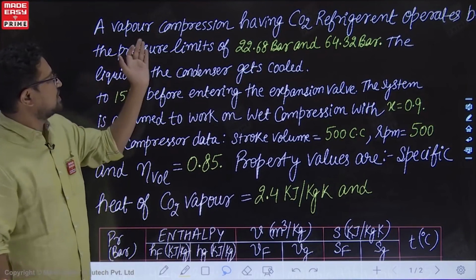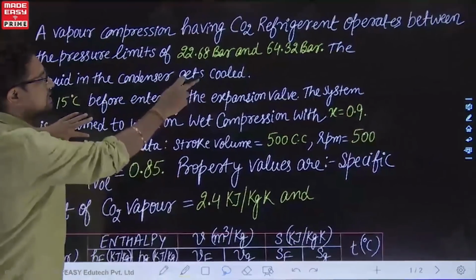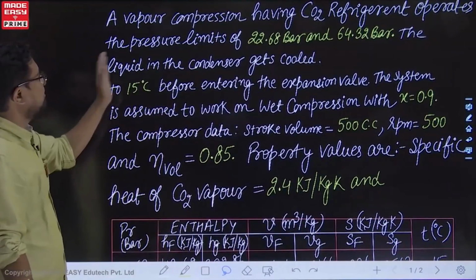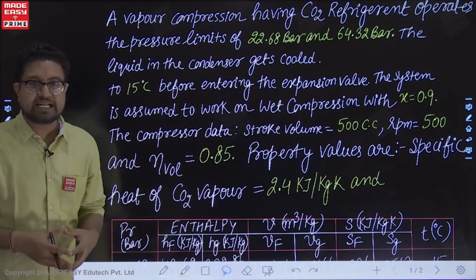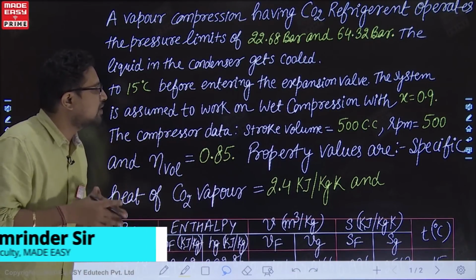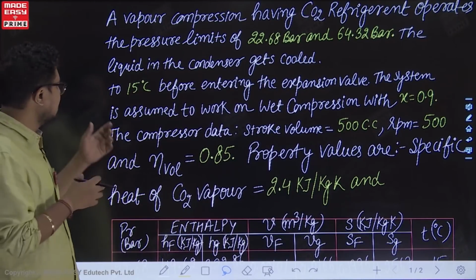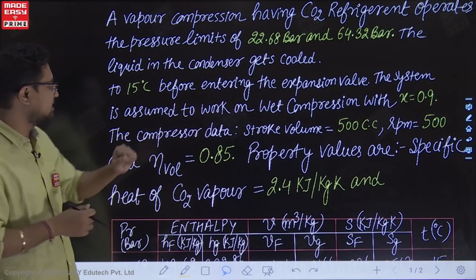So, let us first read the problem. A vapor compression system having CO2 refrigerant operates between the pressure limits that have been given. The liquid in the condenser gets cooled to 15 degrees Celsius before entering the expansion valve. The system is assumed to work on wet compression with the dryness fraction given.